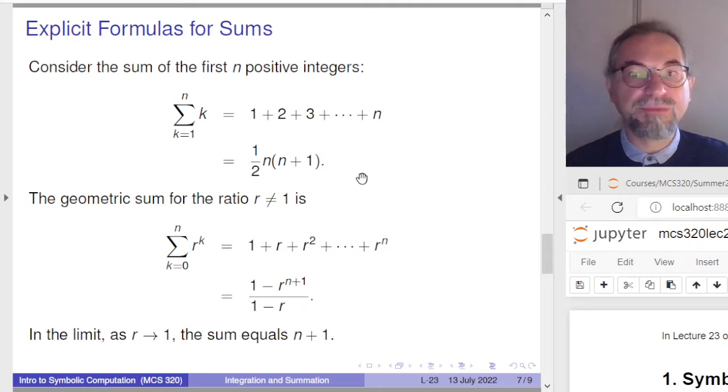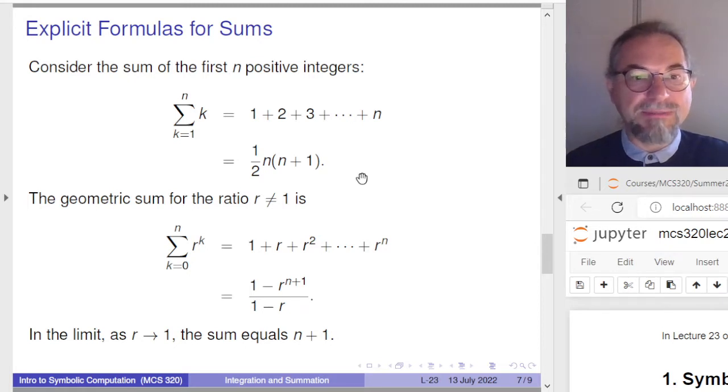And this polynomial can actually be evaluated a lot easier than the evaluation of a polynomial. So we have this nice explicit formula, and here you see why this formula in principle only holds for r, the ratio, different from 1.